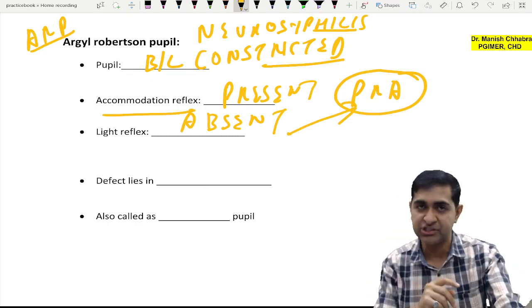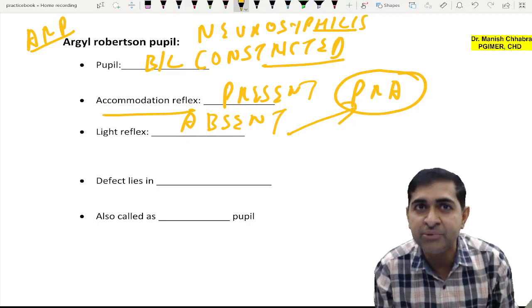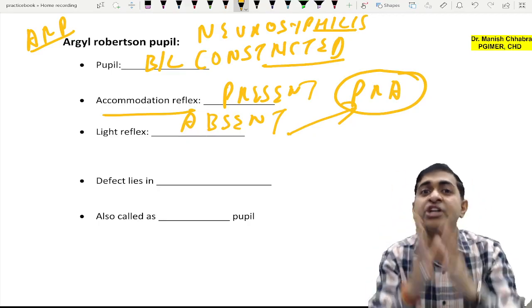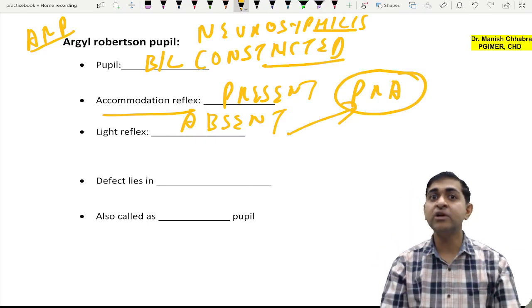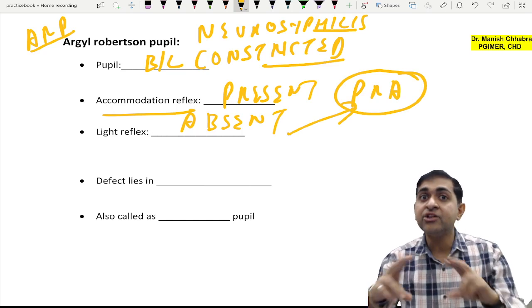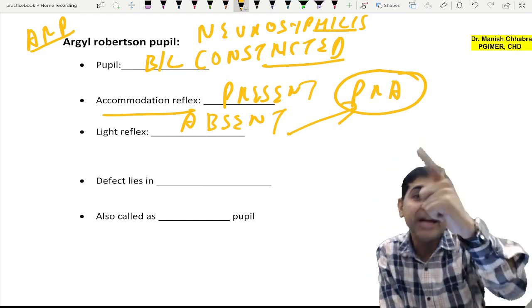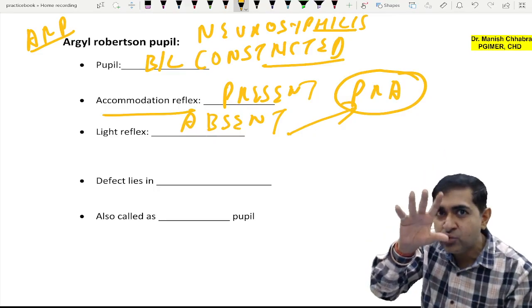Now there are two things. One is, you will ask me, okay sir, please tell me why there is a bilaterally constricted pupil first, and second, you will ask me, sir, why there is accommodation reflex which is present but light reflex which is absent. So please understand, there is the Edinger-Westphal nucleus.